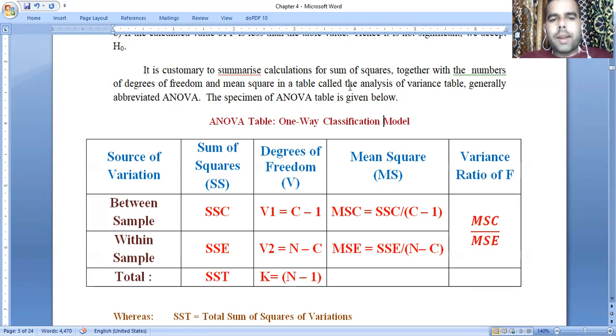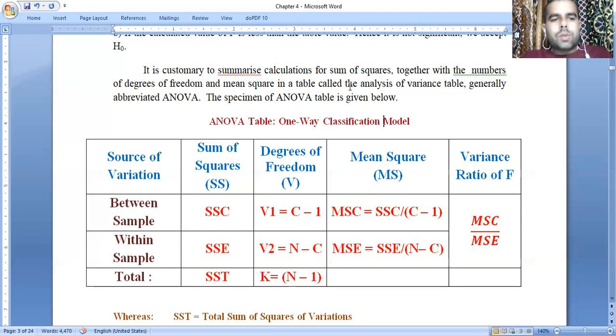Here there are 5 heads: source of variation, sum of squares, degrees of freedom, mean squares, and variance ratio of F. These are the 5 heads you have to remember carefully. Sum of squares we call SS, degrees of freedom is called V, mean squares means MS, then variance ratio of F. Variance ratio of F is also important.